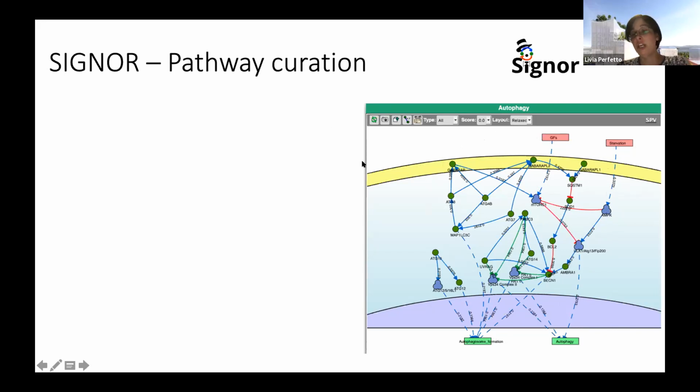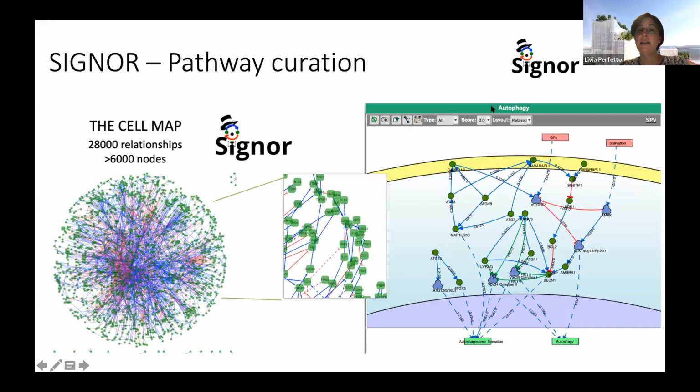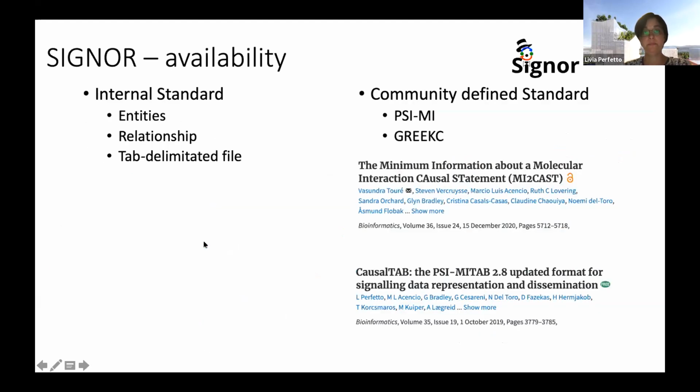On top of the general manual curation of interactions, we also perform pathway annotation. We annotate pathways, like in this case, where autophagy is displayed. But we want to stress that pathways in reality are a subset of interactions coming from the big interactome, so these interactions are also placed in the big picture of SIGNOR interactions.